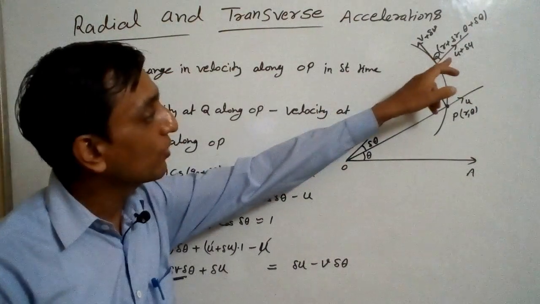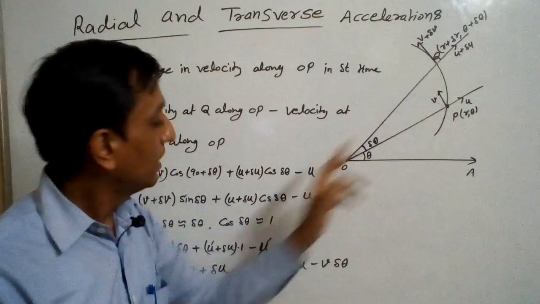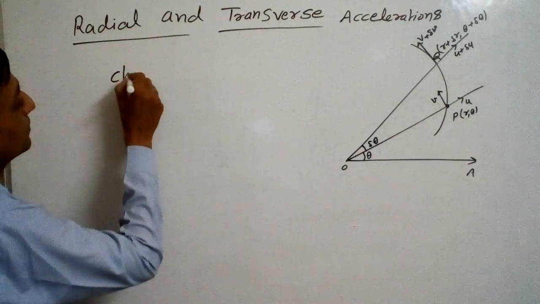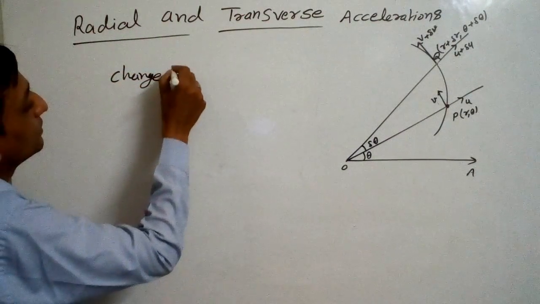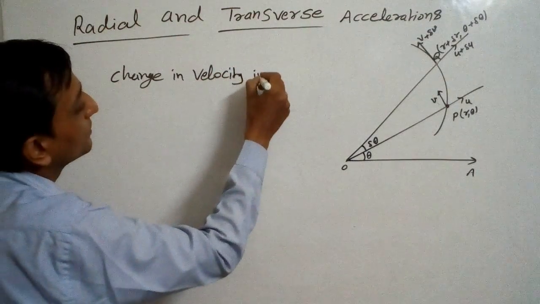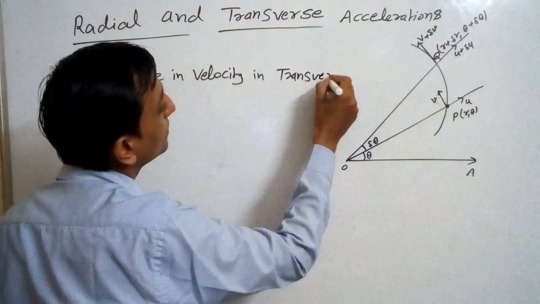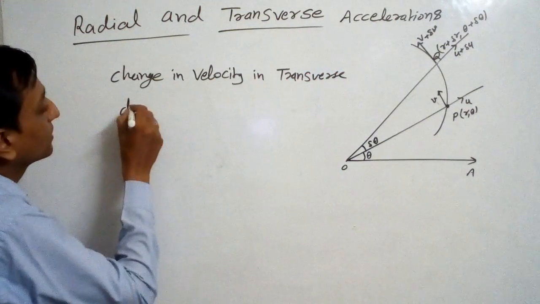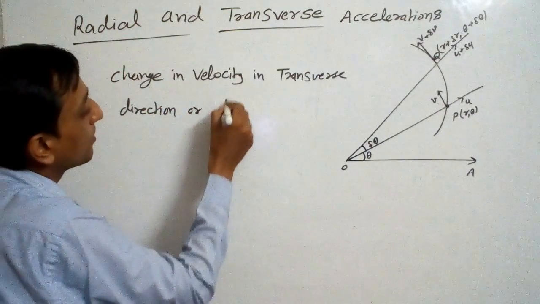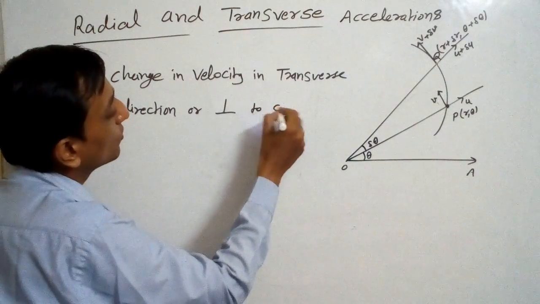So at first we find the component of U plus del U and V plus del V along the OP, minus U initial. Then the change in velocity in the transverse direction, or perpendicular to OP.